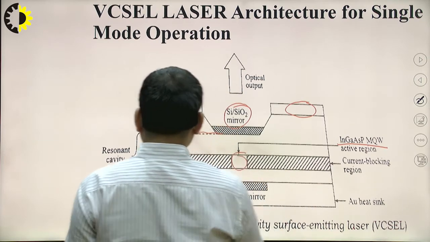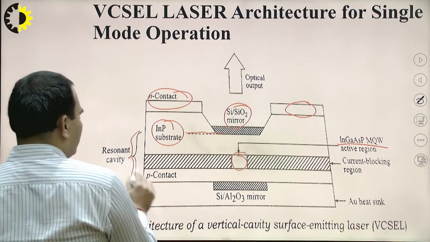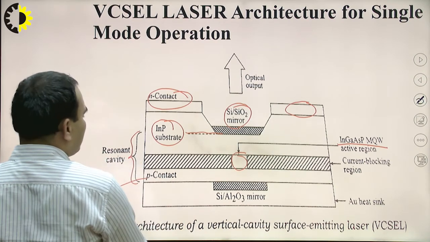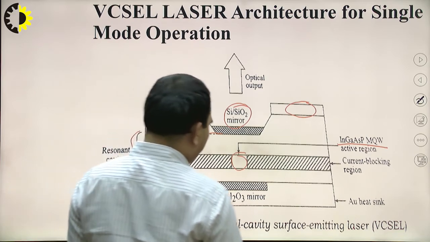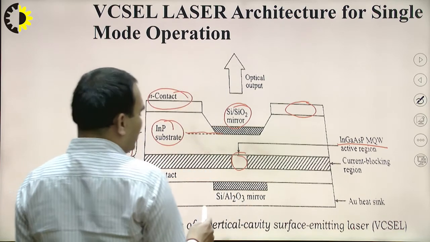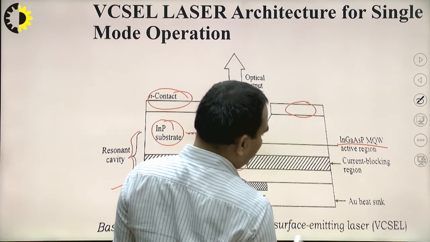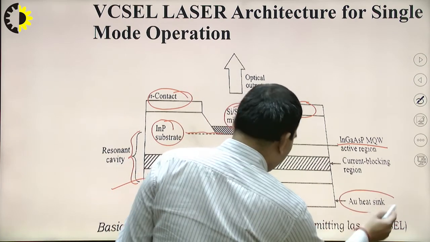This is the active region, and this forms the resonant cavity. We have the P contact here, and the mirror made up of silica or aluminum oxide, Al2O3, and the heat sink is made up of gold.